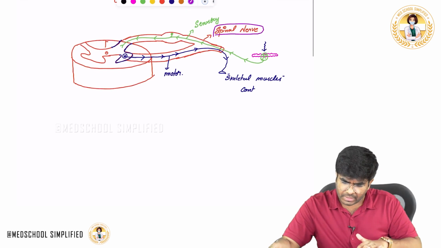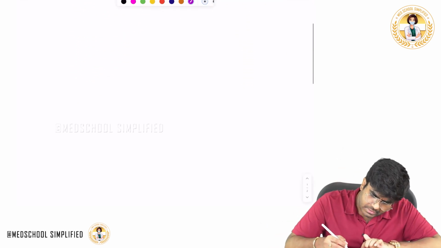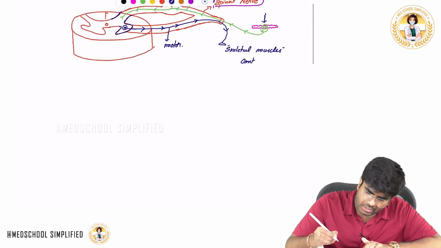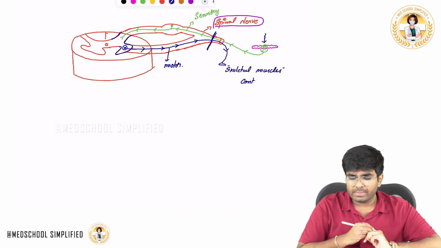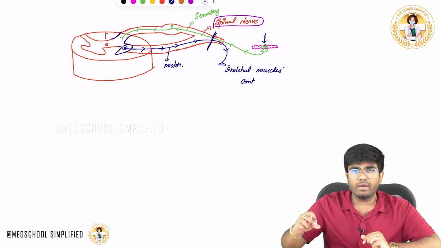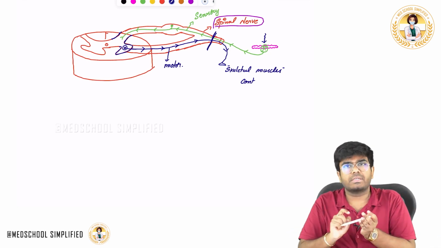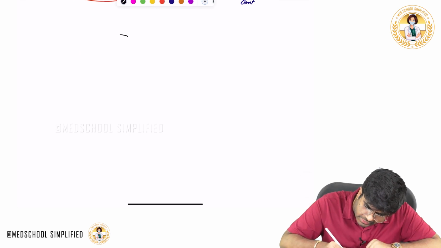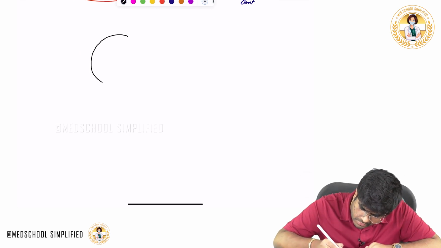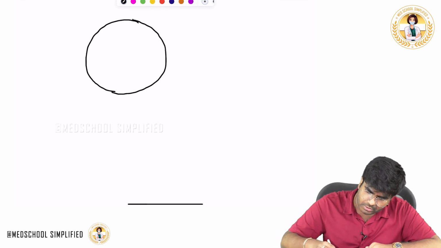Now let's discuss the cross section. Now I am going to make a cut here. Imagine here is a spinal nerve, or just saying nerve. I am going to make a cut. Now what will you see inside? So this is the cross section.